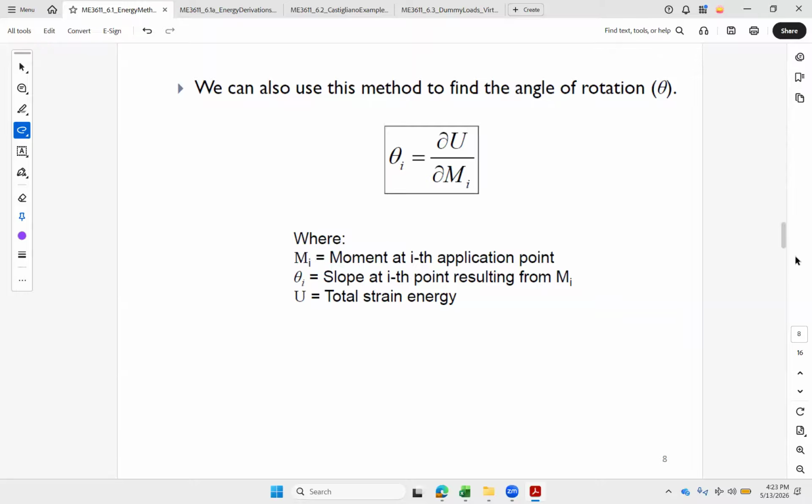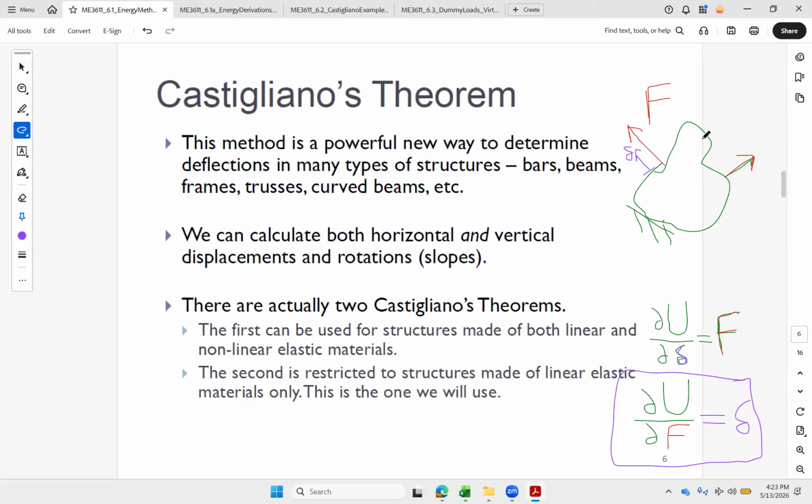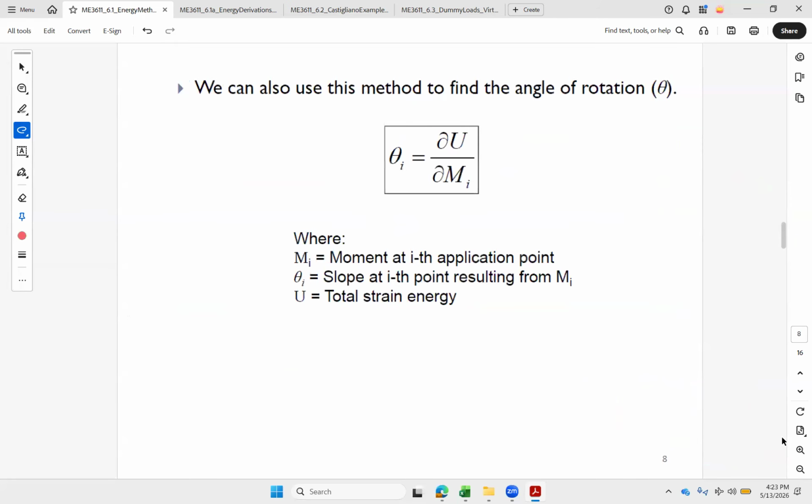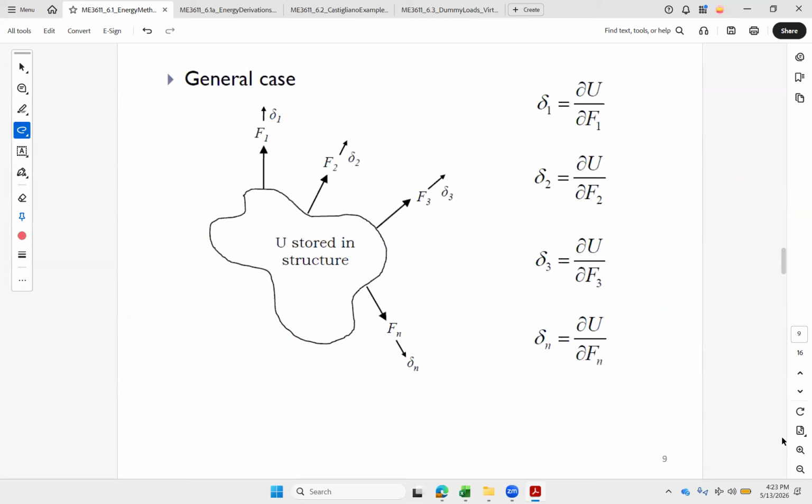Right? So back here, if I've got it in terms of this F over here, I can also get, say, I've got a moment and it's sitting right over here. I can get the rotation at that spot like this. It's going to be in the same spot and the same direction. By taking d energy, d moment, I get the theta at that spot. So this works for force and the displacement at that spot, also works for a moment and the rotation at that same spot.